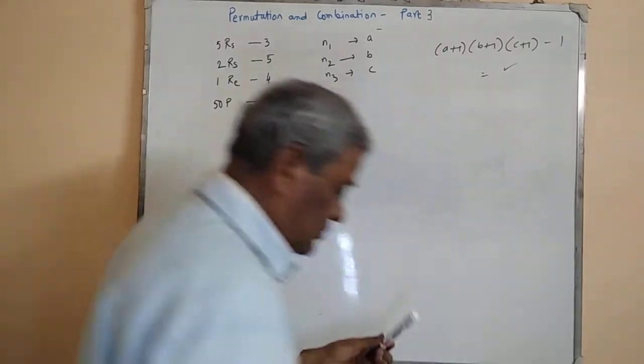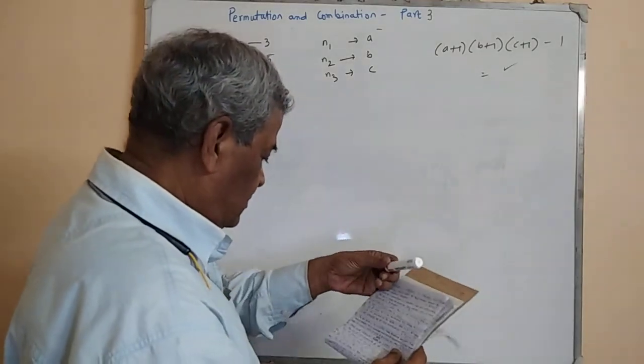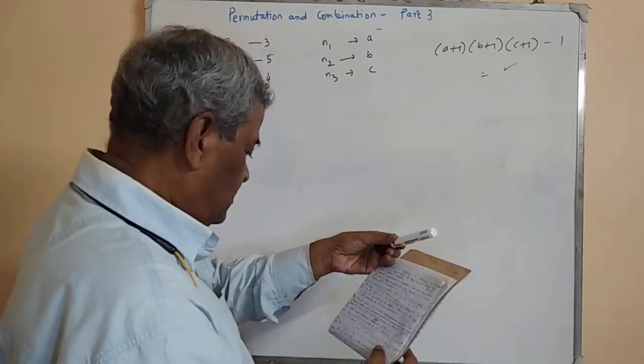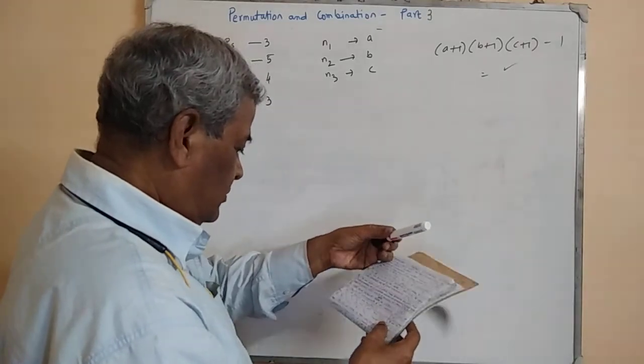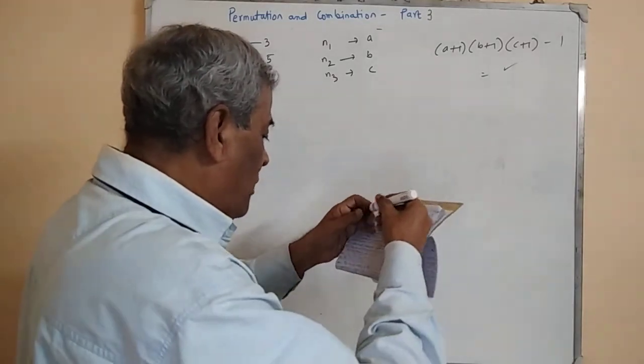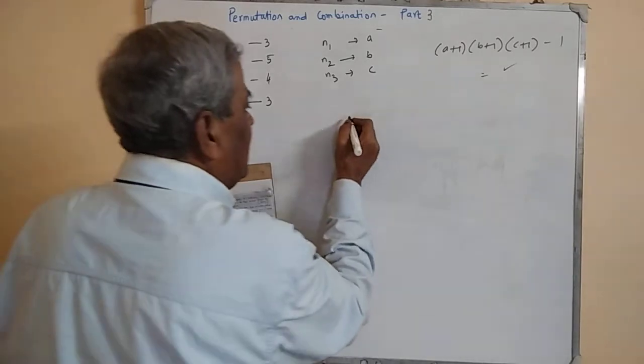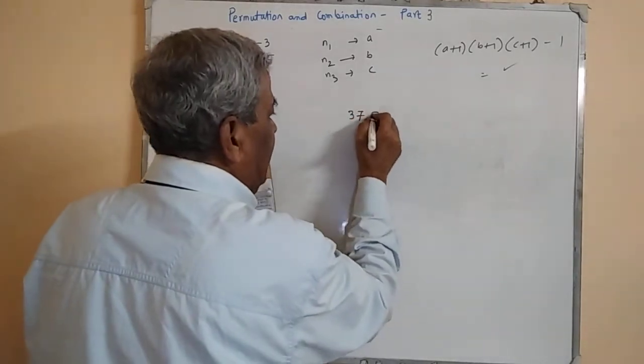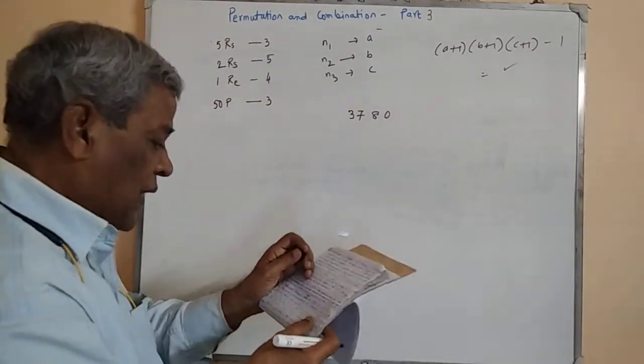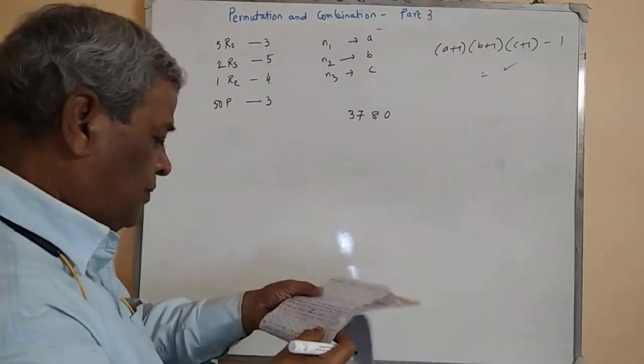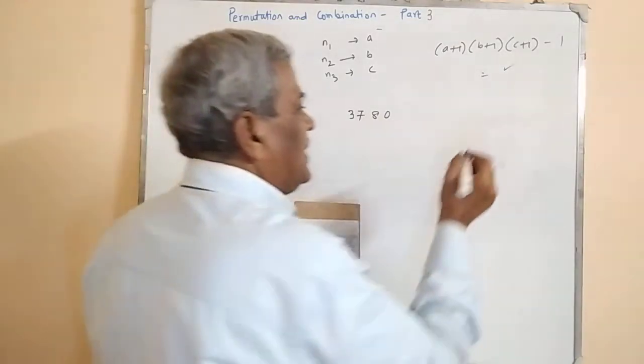Take one example. Total number of factors of 3780.